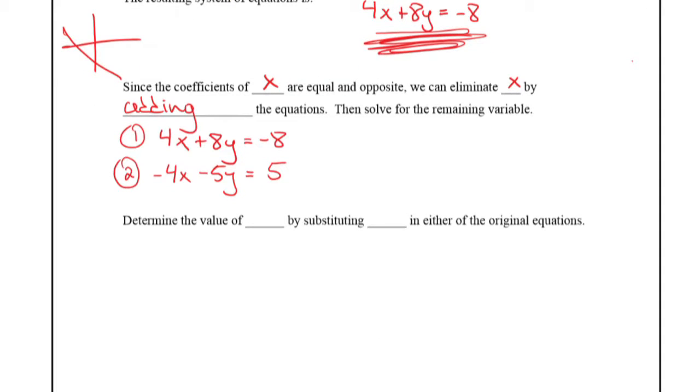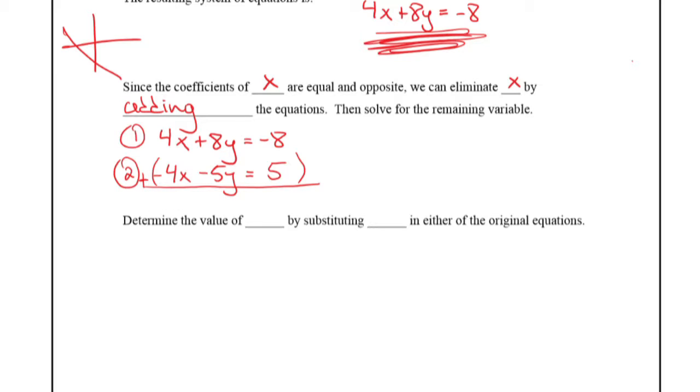So those are my two equations. I'm going to write them on top of each other and add them together. I'm going to add everything in the second one to everything in the first one. Why do I want to add? Because the signs in front of my 4 are positive and negative, if I add them together, I'm going to eliminate one of the variables.